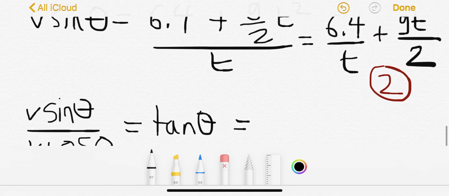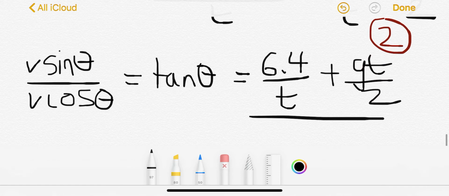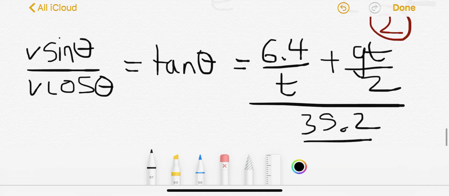So 6.4 over t plus g t over 2, all divided by 35.2 over t. And to make that a bit nicer, we can multiply top and bottom by t.